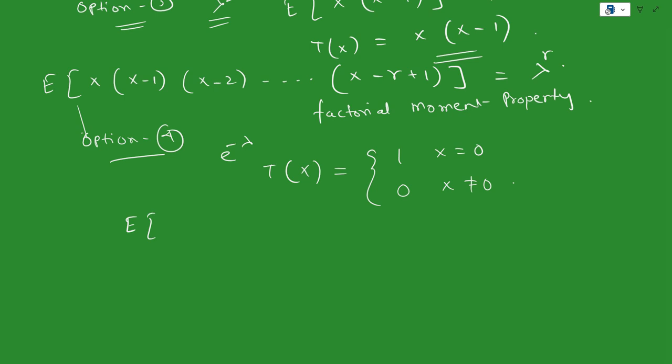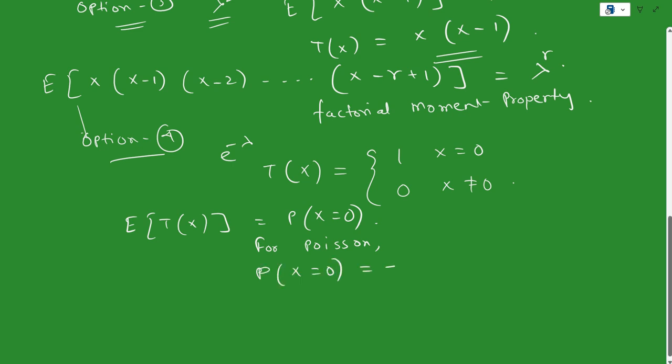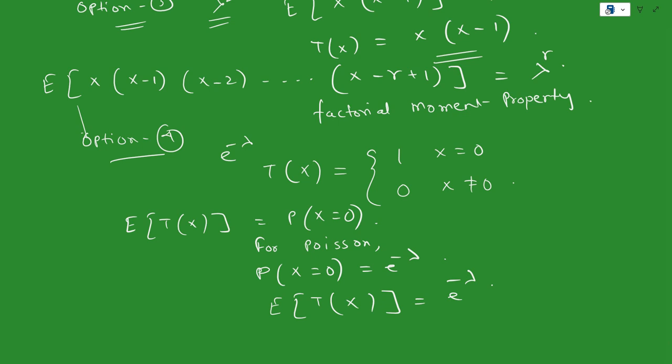Then we can say E[T(X)] equals the probability that X equals 0, and for Poisson, that is e to the power minus lambda. Hence this is estimable. This estimator is very lazy basically. It only works when nothing happens. So if X equals 0, the estimator says yes sir, otherwise I am unavailable due to technical issues.